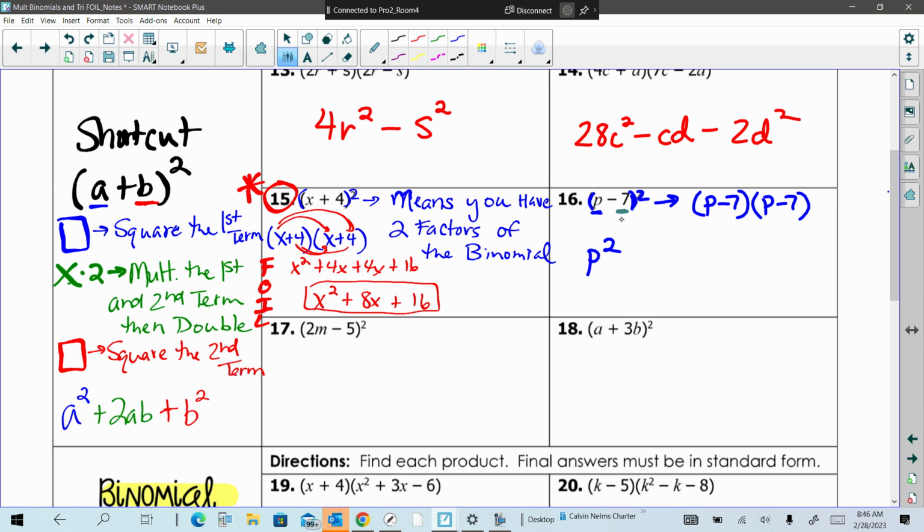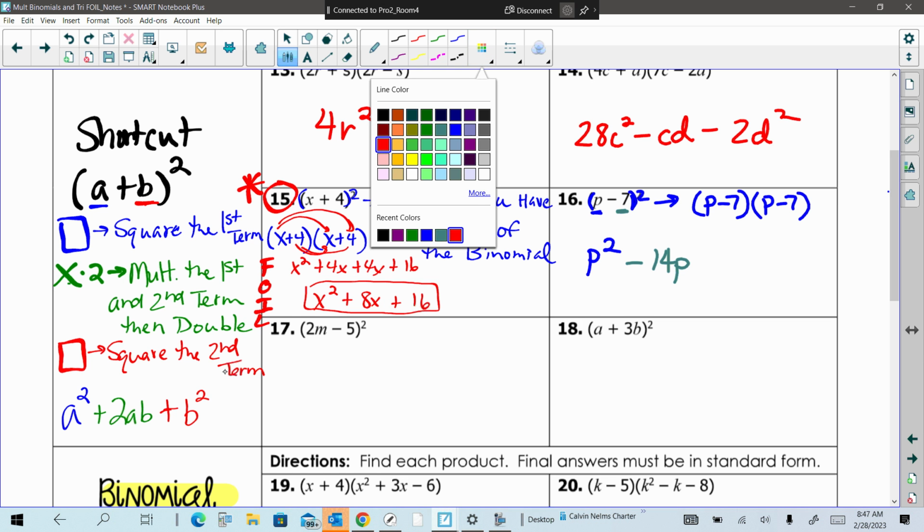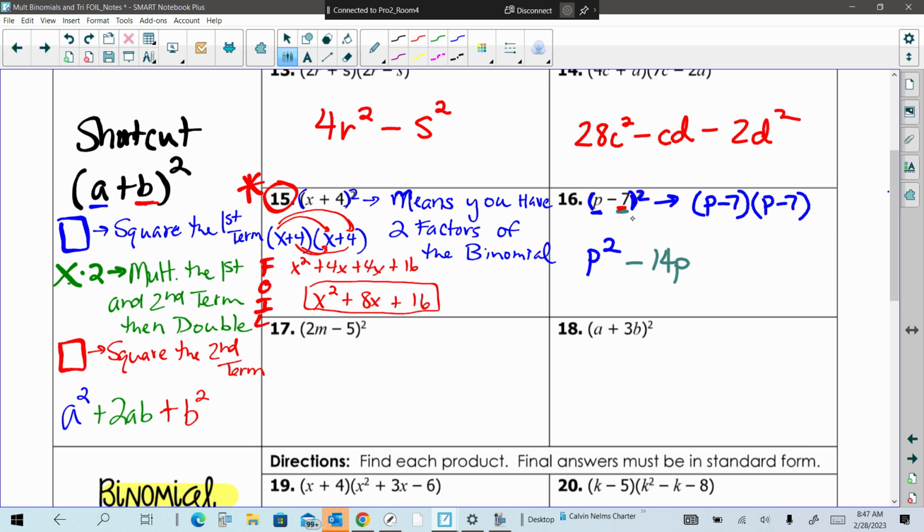And then we're going to double that, so that becomes a negative 14p. And then square the second term. The second term is the 7. If I square a negative 7, squared is a positive 49. So there's the answer. Anytime I square a binomial, I'm going to square the first term.